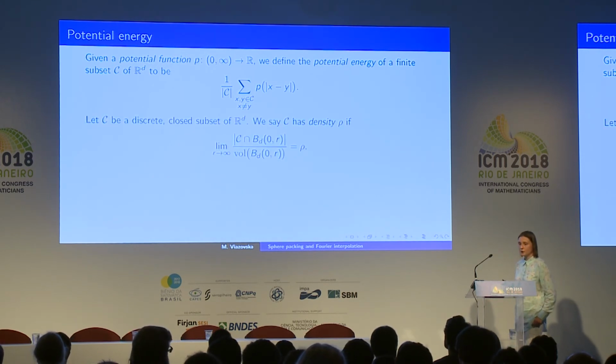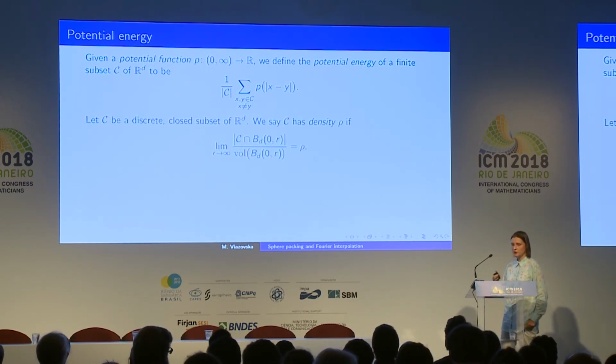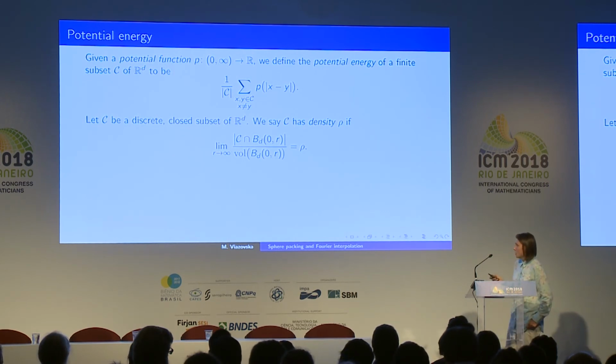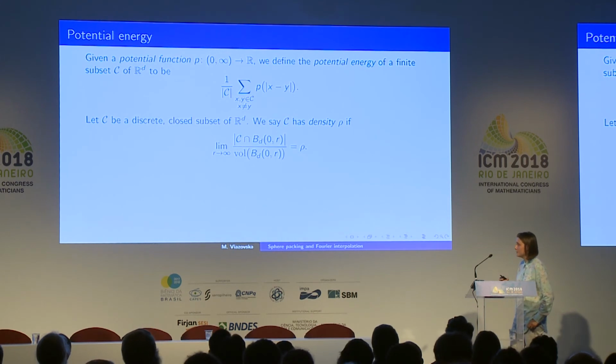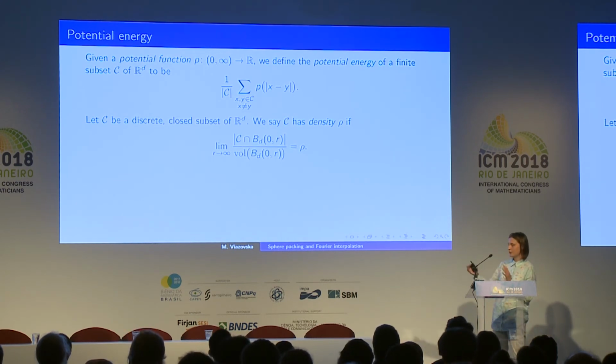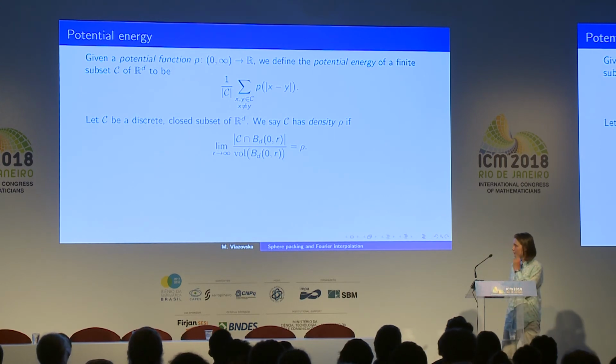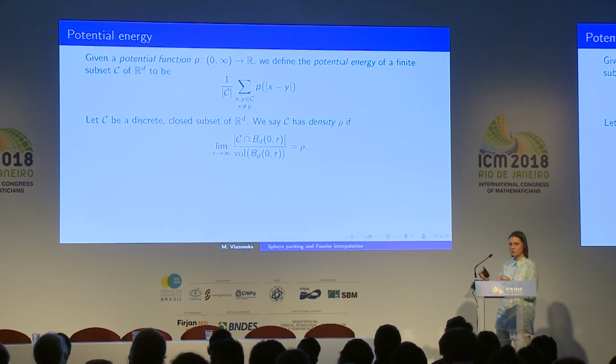However, most interesting configurations in Euclidean space are actually infinite. So if we want different configurations to compete with each other, we would like to fix their density, because we want our competition to be fair.